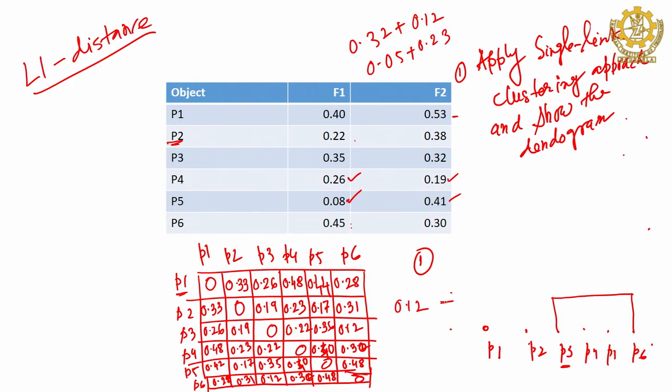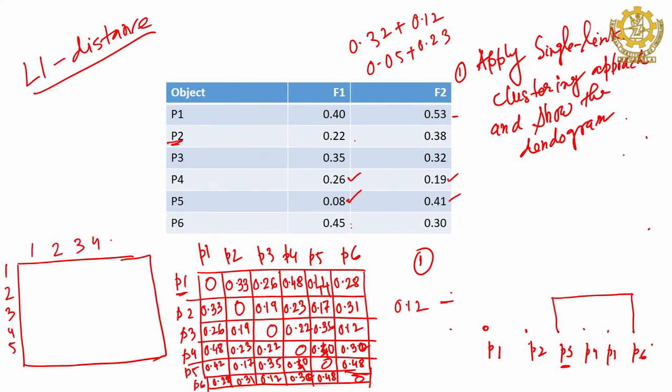Now we have to update the matrix here. Again you have to generate this matrix, but this time it will be a 5 by 5 matrix, with P3 and P6 merged. So this is 1, 2, 3, 4, 5. Similarly, 1, 2, 3, 4, 5.